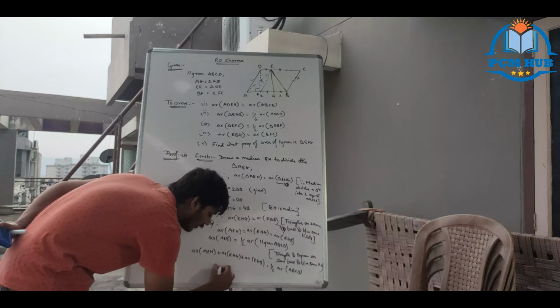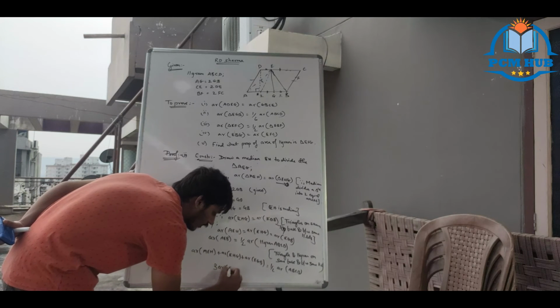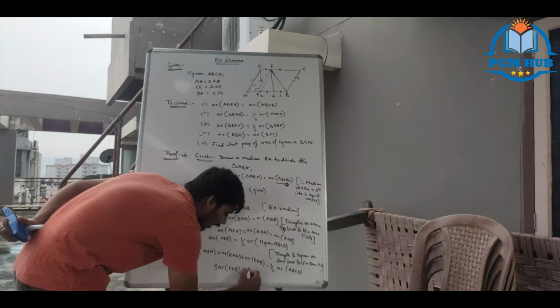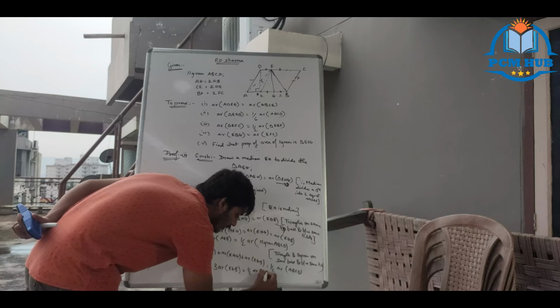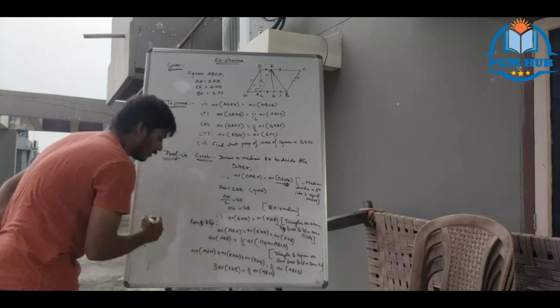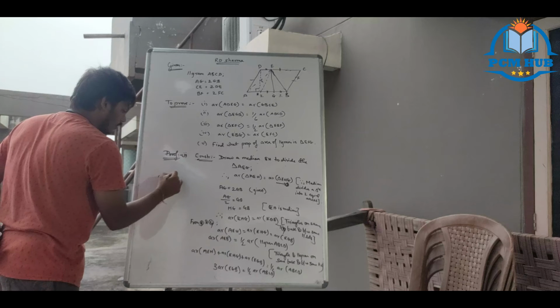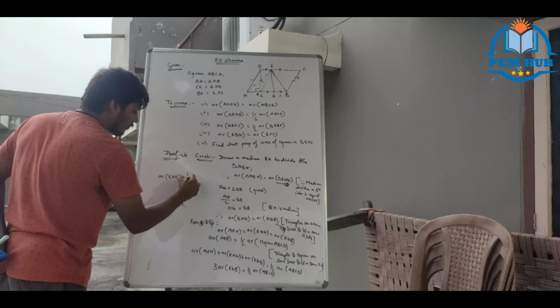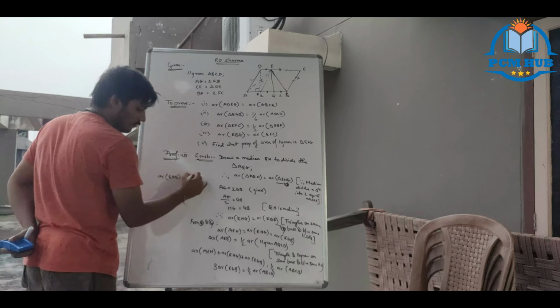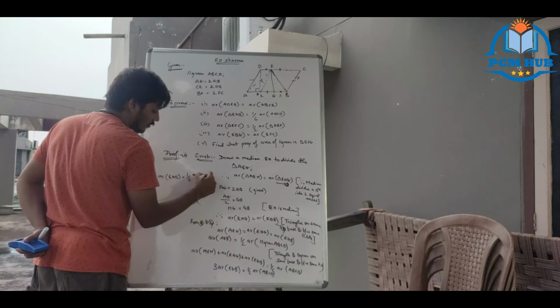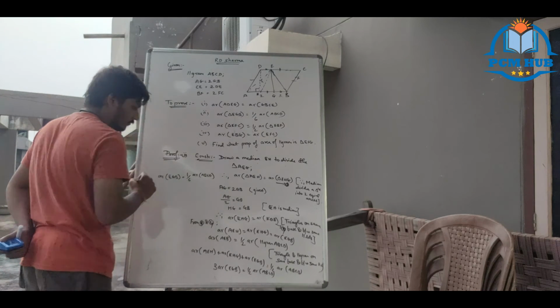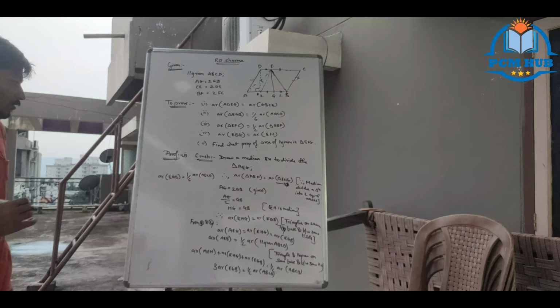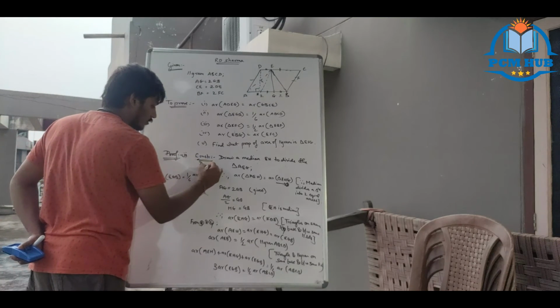So you can write 3 times area of EGB equal to half area of ABCD. Therefore, area of EGB equal to, if 3 are going that side, it will become 1 by 2 into 3, 1 by 6 area of ABCD. Second proof is over. This is proof, not construction.